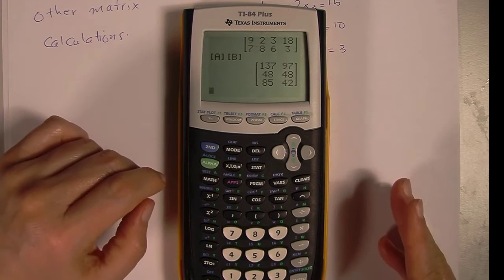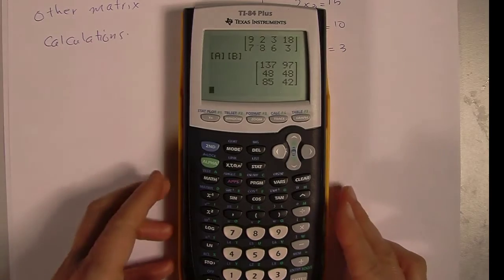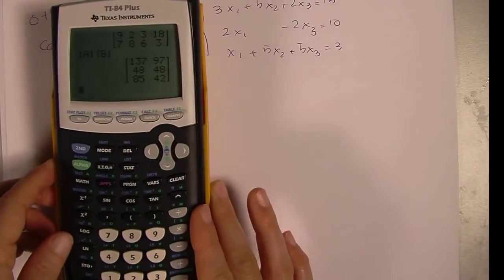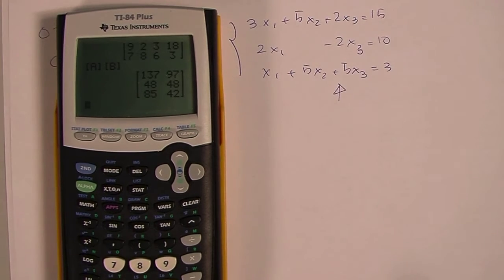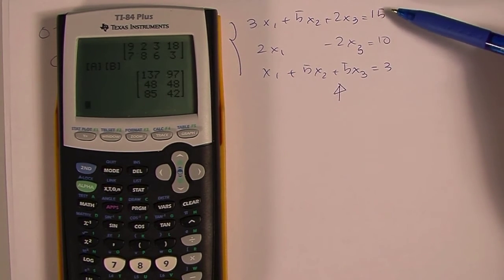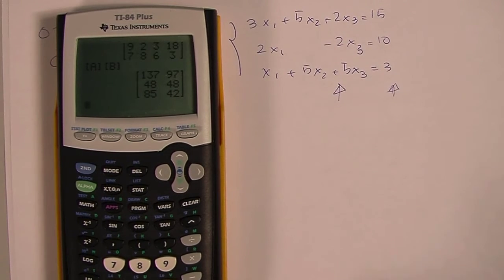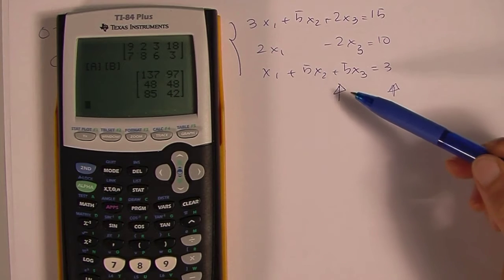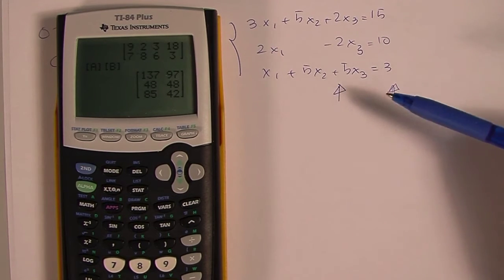So the next thing that I want to do is to enter the matrix of coefficients for this system and the matrix of constants for this system into two different matrix names in my calculator. Then I have a little knowledge that the matrix of coefficients here is actually non-singular.